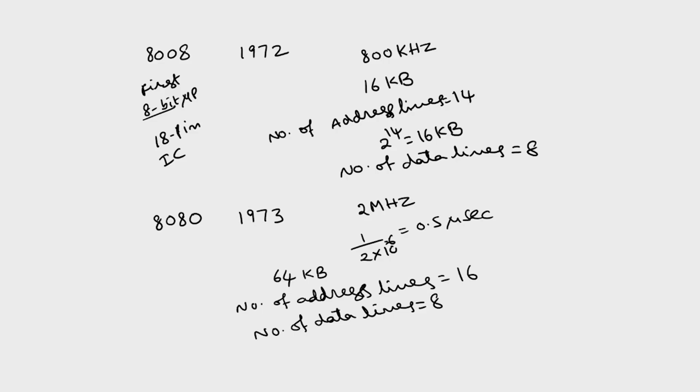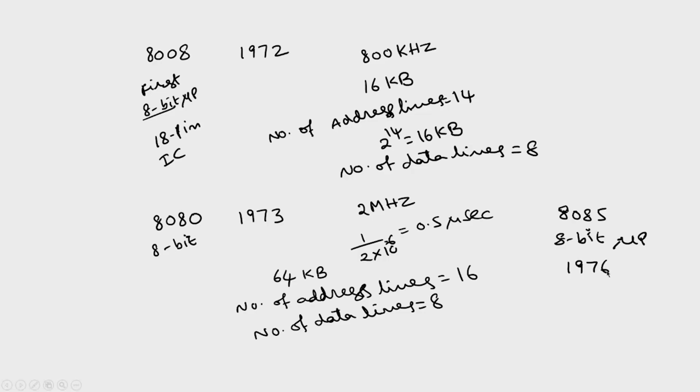So next, the 8085 microprocessor, which is one of the famous 8-bit microprocessors, developed in 1976.